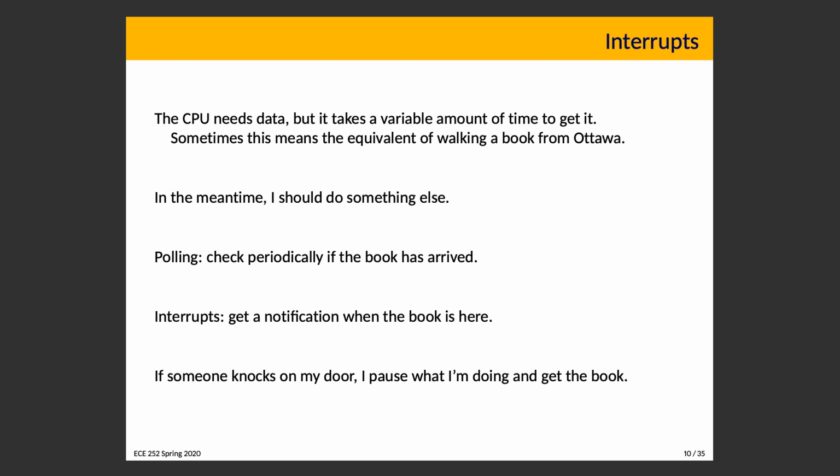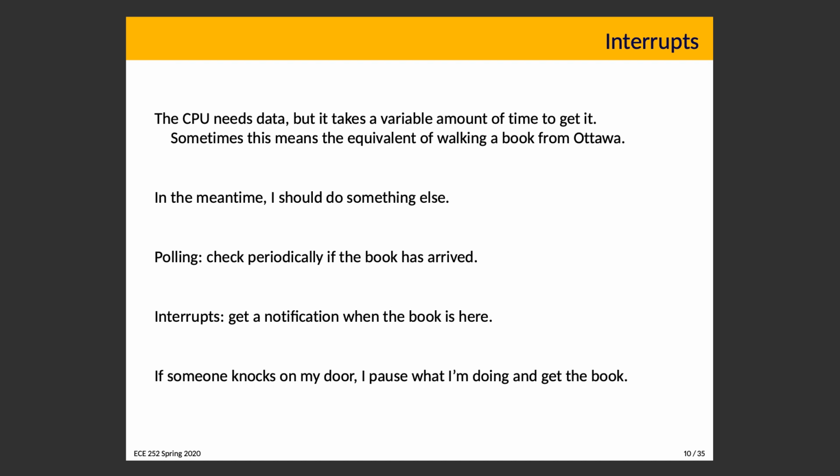Now, if I used polling as a strategy for determining when the book has arrived, that would be somewhat inefficient, as you might imagine. How often will I check, and how much time will I spend checking? If the person who's traveling walks at a speed of 5 kilometers an hour or something, this is a really long time. However, better is interrupts.